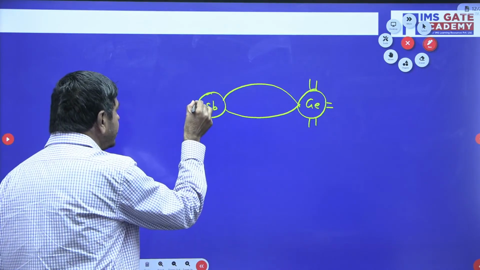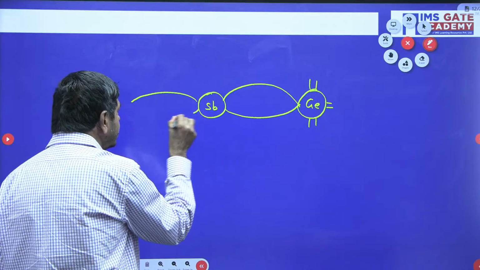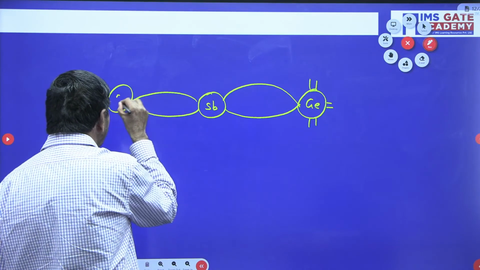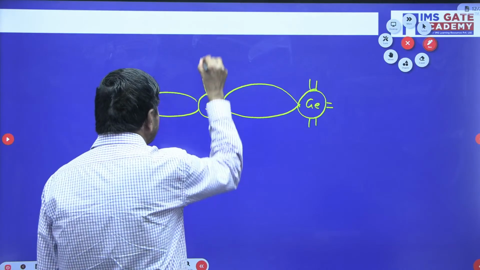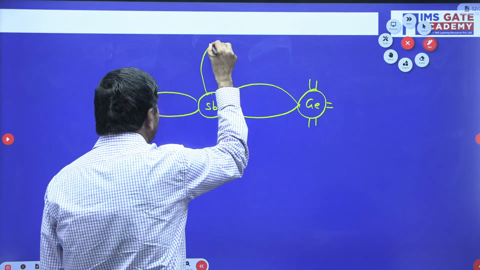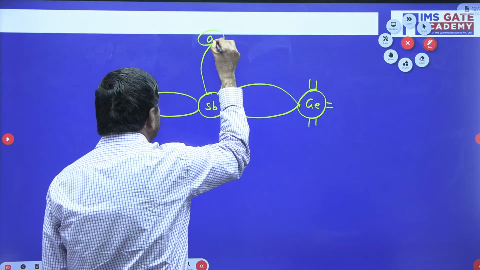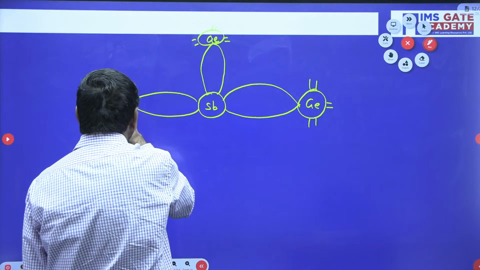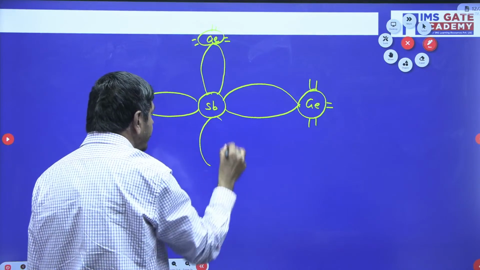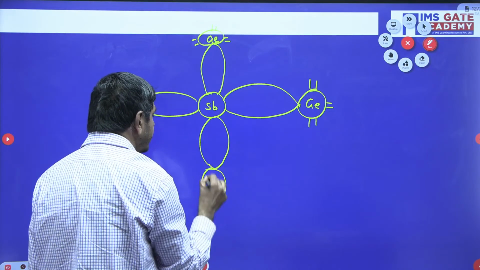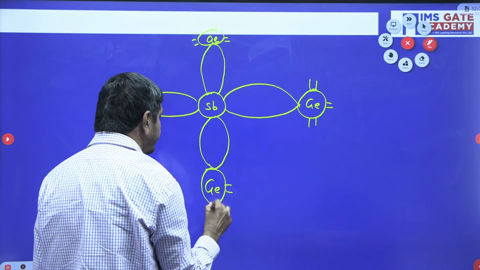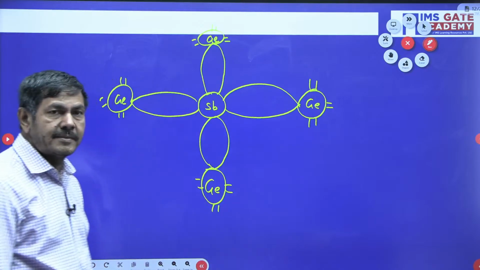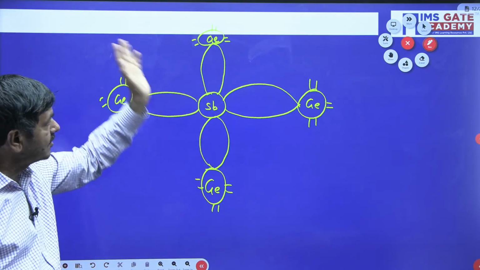The antimony is getting in contact with germanium here. The bond structure will be like this only. It goes on still like this. Germanium. The structure is going on like this, this side and that side and this side and that side.